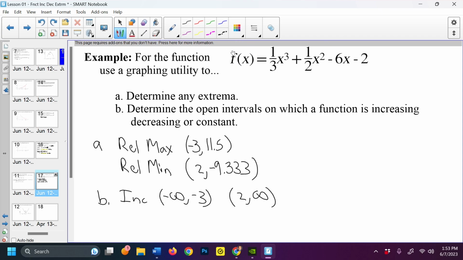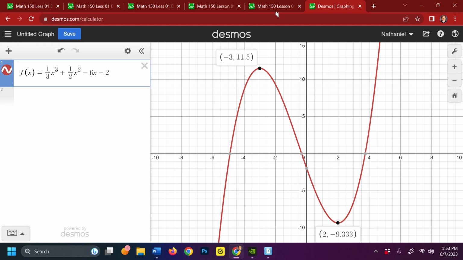But I want to link these two so that I have both of them. I'm going to use this symbol right here. It is the union symbol, and it is an OR statement, meaning it includes both of them. Now, this function is only decreasing on a single interval, and that single interval along the x-axis goes from -3 to +2.